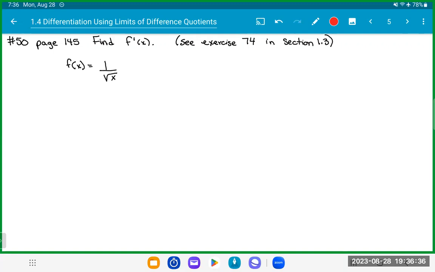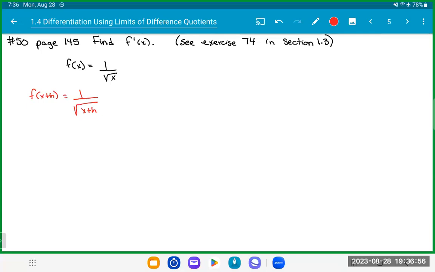So I actually wrote it all out in my notes for you guys. In this one, first of all, we want to figure out what is our f of x plus h, right? F of x plus h is 1 over the square root of x plus h, okay?